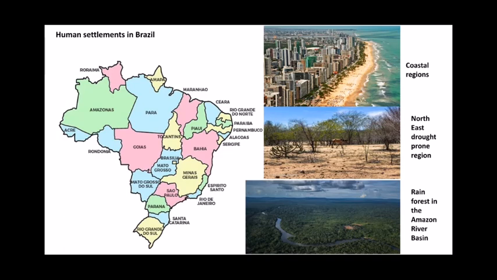So first, most of the area is covered by something we have learned about, the equatorial rainforest. It has a thick, dense equatorial forest, which makes it impossible for human beings to settle there.